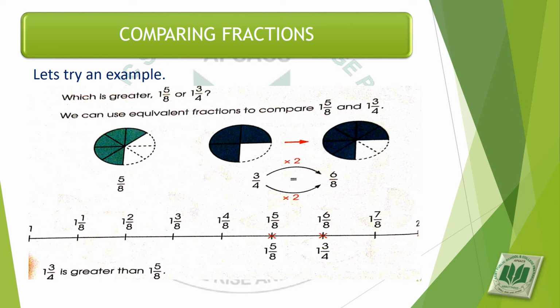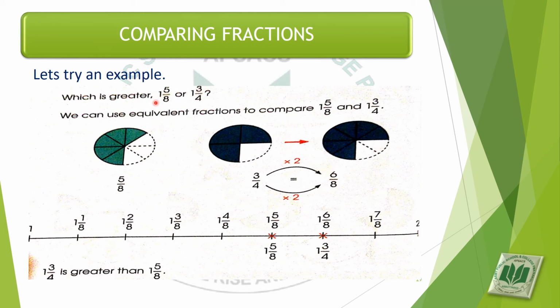Let's try another example to find out which fraction is greater. Here we have two mixed numbers and we have to tell which is greater. The mixed numbers are 1 whole 5 by 8 and the second is 1 whole 3 by 4. As you can see here, the whole parts are the same, that is this has 1 and this has 1.